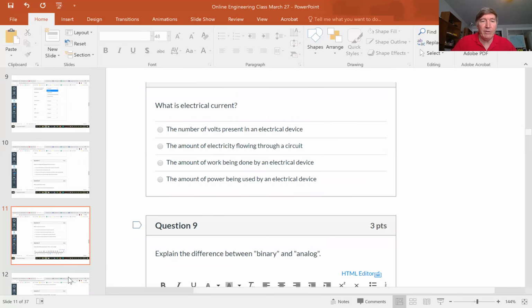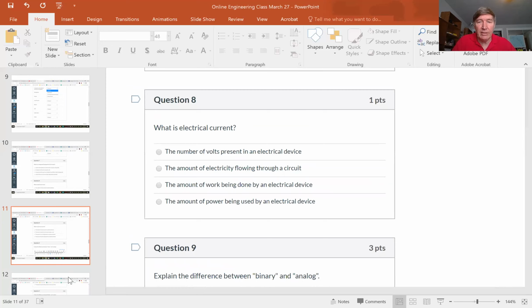Okay, question number 8 here. What is electrical current? So that's the amount of electricity that's flowing past a certain point. So if you ask what units are we using when we measure it, there's two ways to answer that. One way is you could say that it's the number of coulombs per second. So remember, a coulomb is like a gallon of electrons.